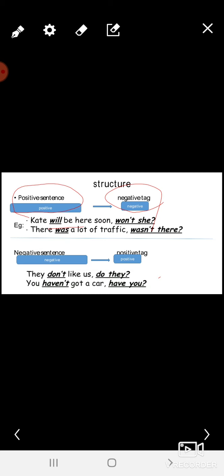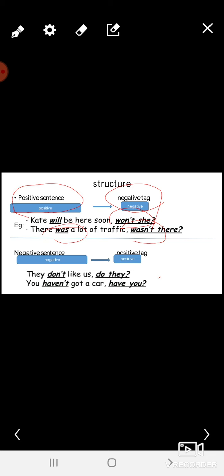Will be is positive. So the tag question should be negative, won't she? And the next example. There was a lot of traffic. Was. Yes, this is a positive statement, and the tag question should be negative. It's very easy, very simple.